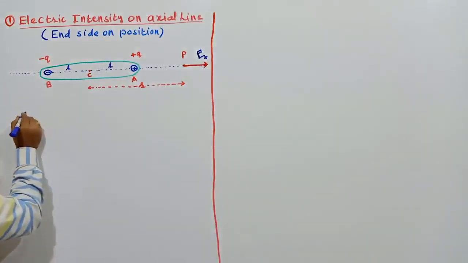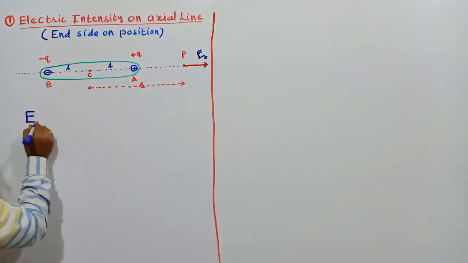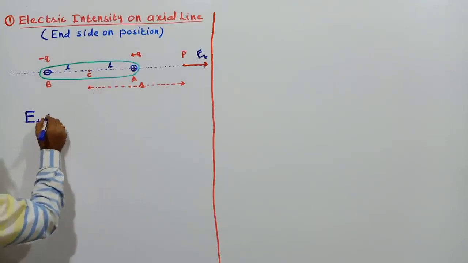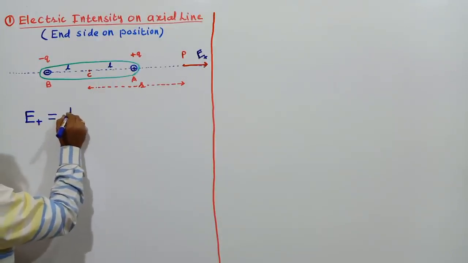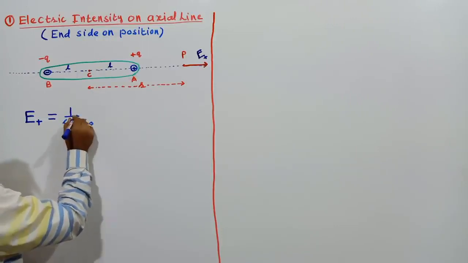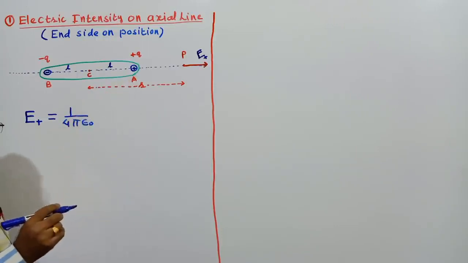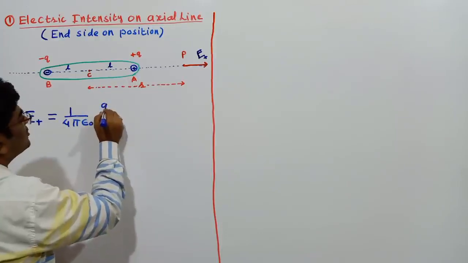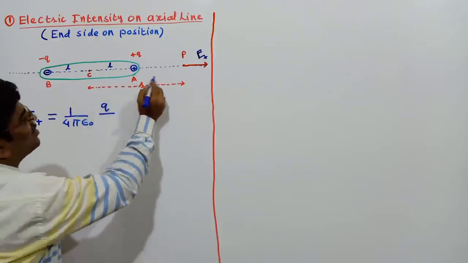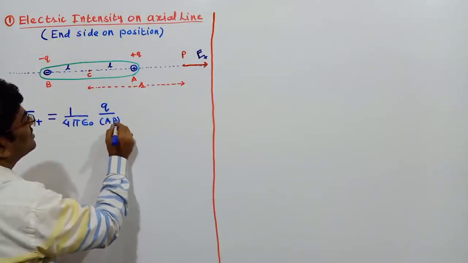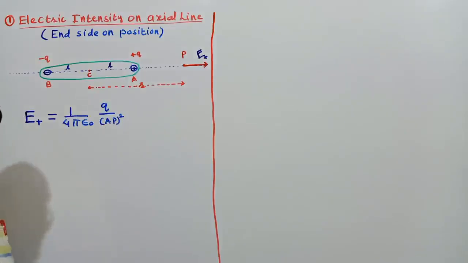Electric intensity, I'll write E plus as contributed by the positive charge, equals, the dipole being in vacuum or air, 1 upon 4 pi epsilon 0, charge whose contribution is to be calculated, Q plus, Q magnitude, and the distance which I have got is how much? AP whole square. Distance square I am writing.